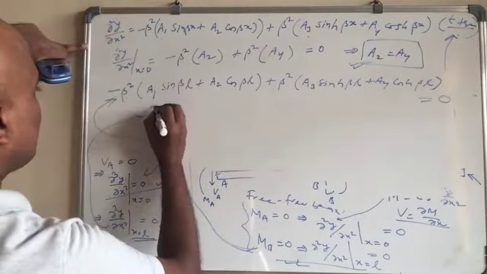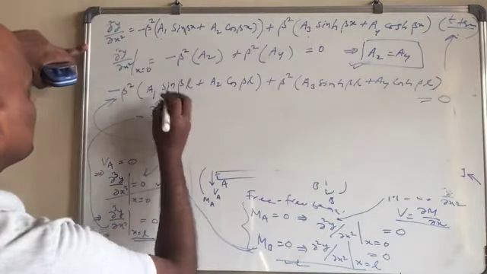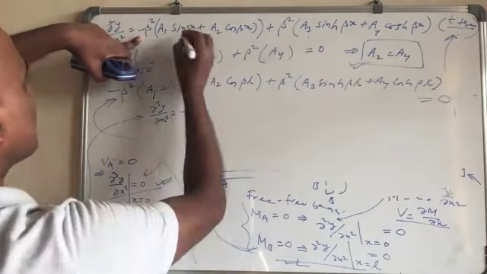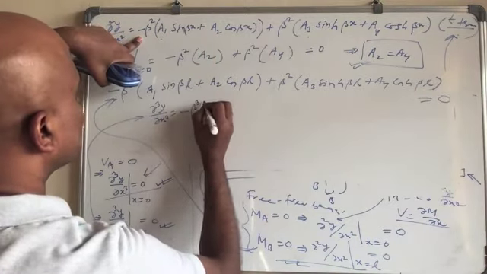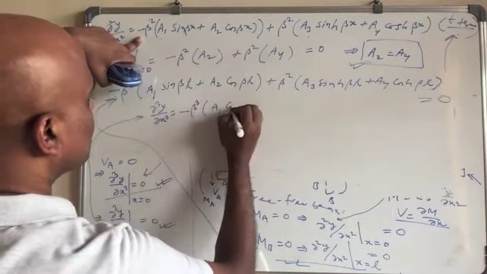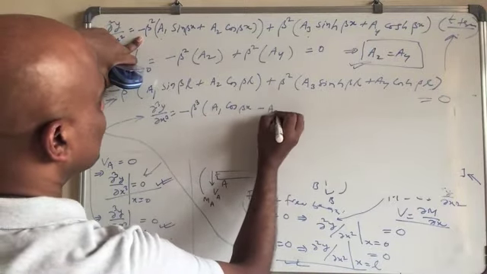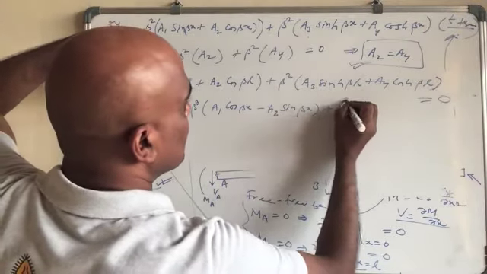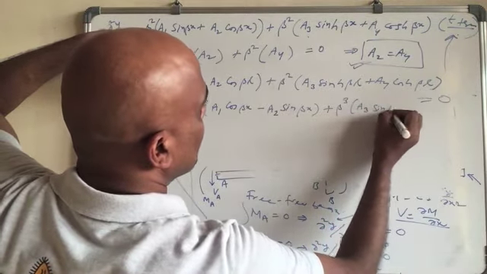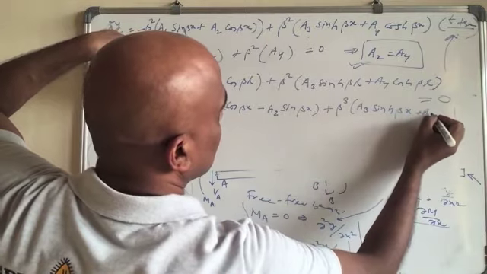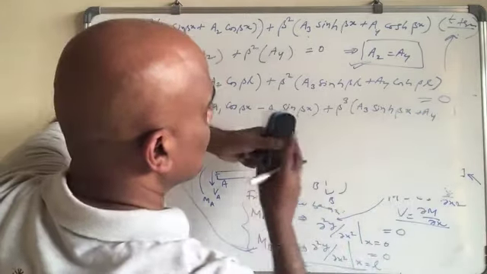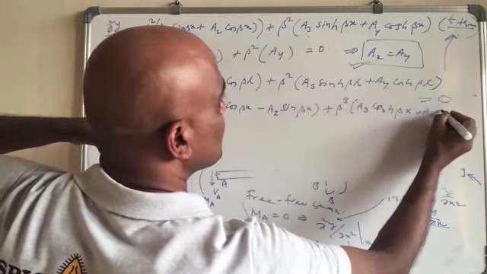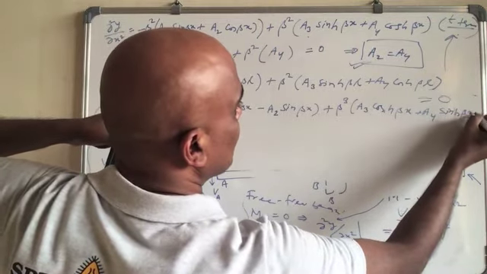You get del cube y over del x cube equal to, from here we get further, minus beta cube, then A1, this becomes cos beta x, minus A2 sine beta x, here it becomes beta cube A3 sinh beta x plus A4, this becomes cosh, this becomes sinh here, sinh beta x, right?